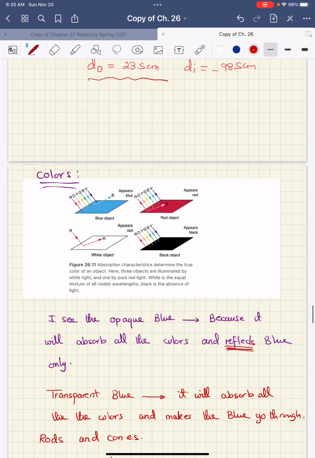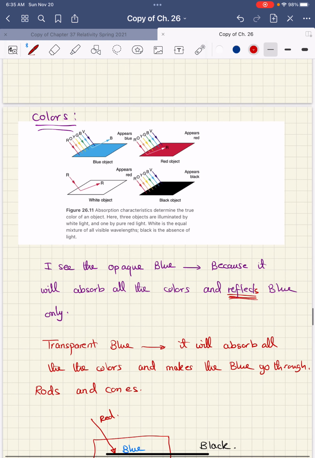Colors. Now, the theory of colors makes us predict what the color of a thing is going to be. Opaque means the things that light cannot go through. I can see the opaque blue because it absorbs all the colors and reflects blue only.